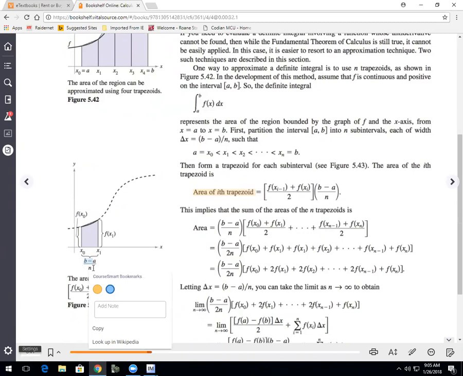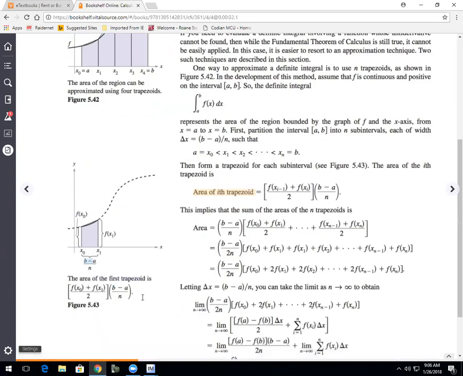So B minus A divided by N would give you the width of each trapezoid. And then the area of each trapezoid would be f of x0 plus f of x1 divided by 2. That's the average of the height of the short side and the height of the tall side. And then multiplied by the width of the trapezoid. So this is how you find the area of one of those trapezoids.